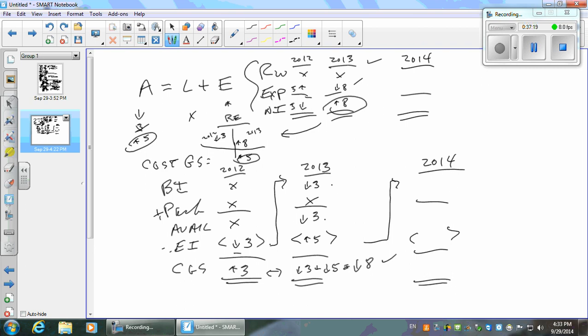Increase their income. Just think about what's wrong with the assets. And that must be what's wrong with the equity at the end.